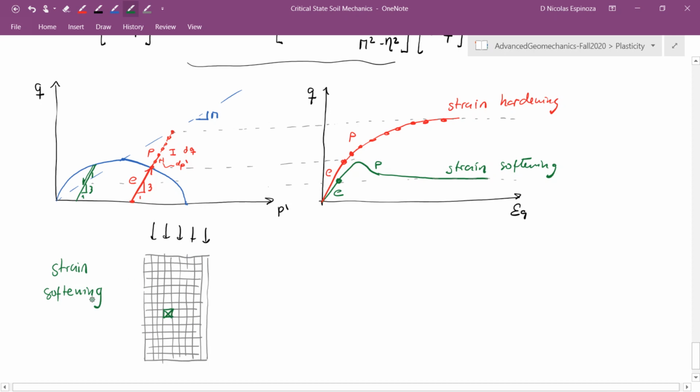Because the material is strain softening, that means that as soon as it fails, the material is going to say, all right, I give up. I cannot take any more load. I'm going into the strain softening side, and I cannot take any more load. I'll take some, but not as much as I was taking before, because I've gone through my peak.